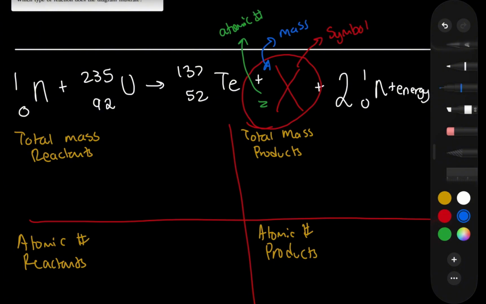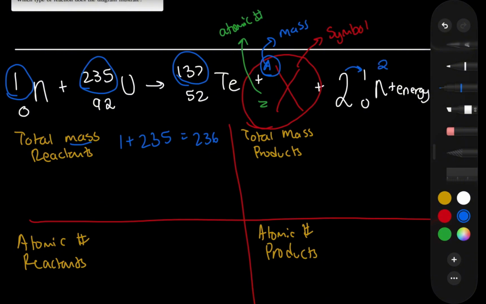So since we're looking at the mass first, we're going to have to look at the top number because that is our mass. So we have a 1 here, and we have 235 here. That's going to equal 236. Now in the product side, we have 137, we have our unknown value, and we have 2 times 1, which is going to be 2.